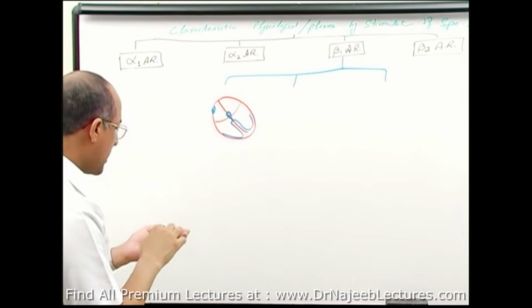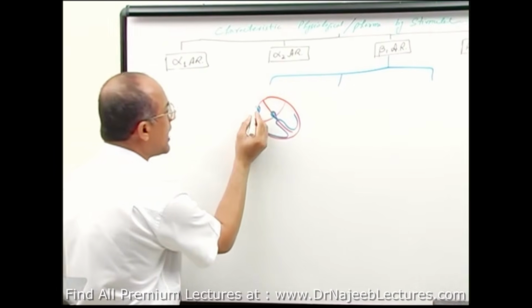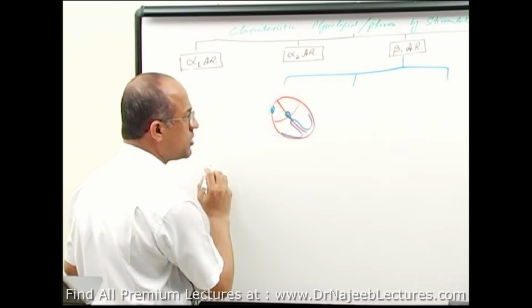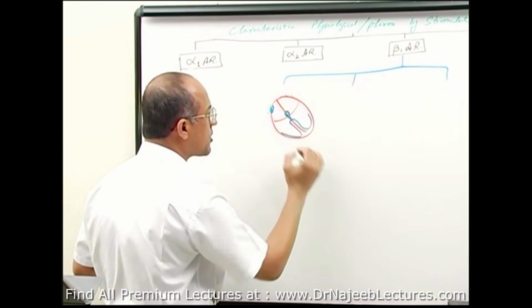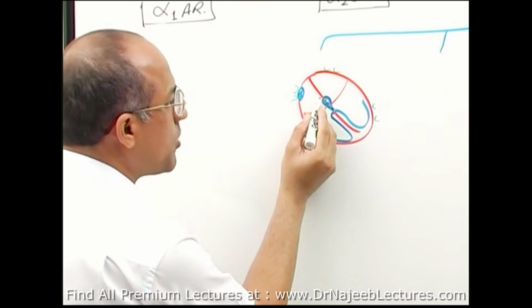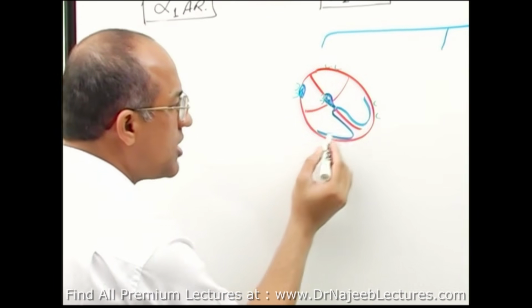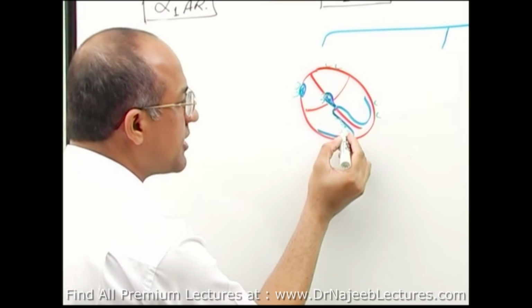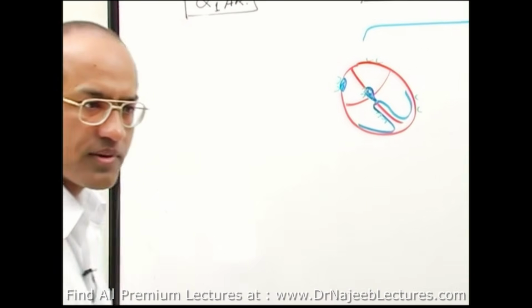Now, beta 1 adrenergic receptors are present on SA node. They are present on atrial myocardium. They are present on ventricular myocardium, as well as beta 1 receptors are present on AV node, and they are also present on special conduction system, right?